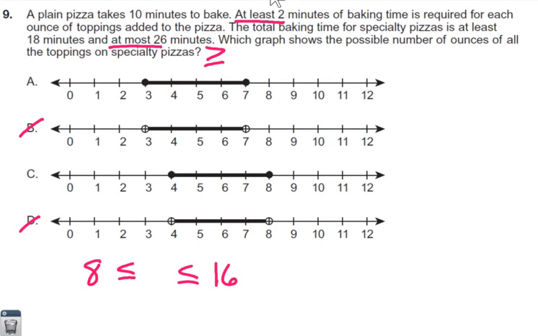If you divide both by 2, you get between 4 ounces and 8 ounces. And because of the whole at least, at most, we have this or-equal-to thing going on. So for that reason, we are between 4 and 8.